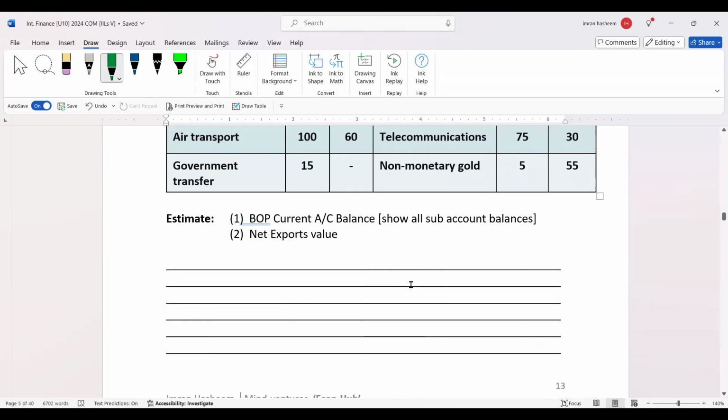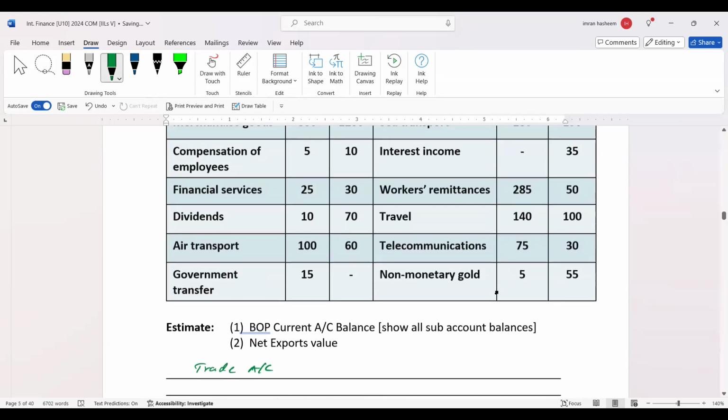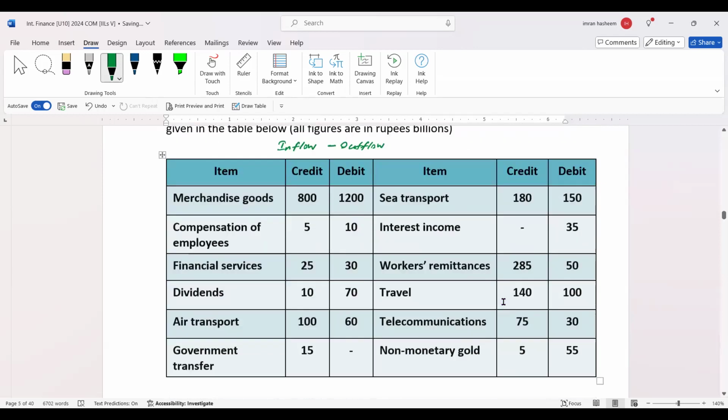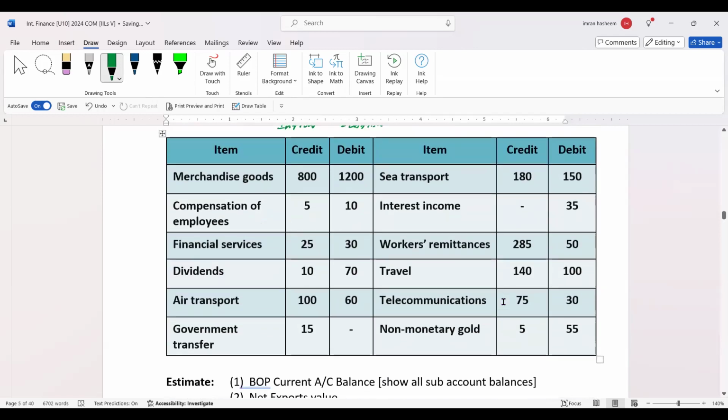Right. Then in terms of format, I would say start with the trade account. See, you are given merchandise goods. In addition to that, is there anything that has to come into the trade account? Merchandise goods, 800 minus 1200 you can take, right?